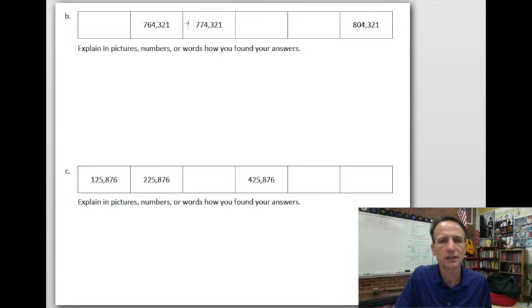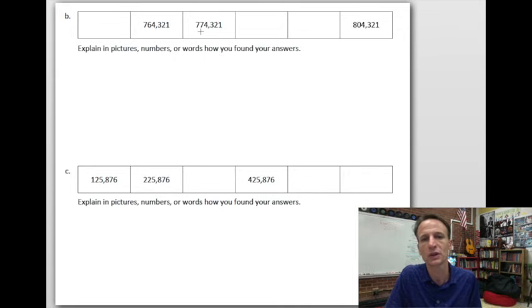So the key here is to look at these two, and you'll see how we get to the 800,000, which might have startled you. But take a look here. What's happening? What changes between these two numbers? Yes, the 10,000s place increases by 1. We have one more 10,000. It's 10,000 more.